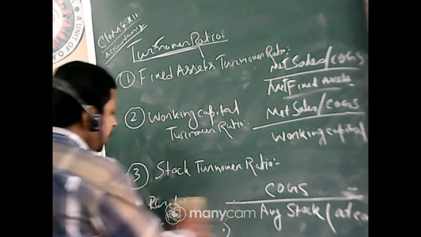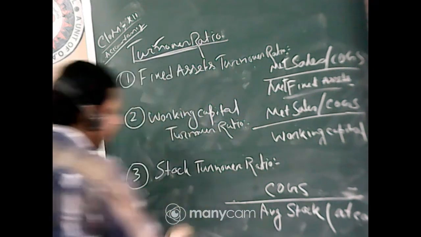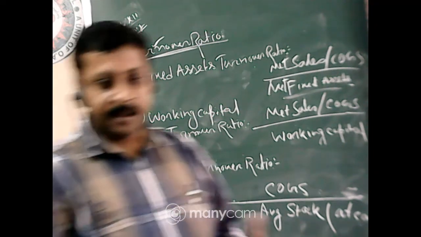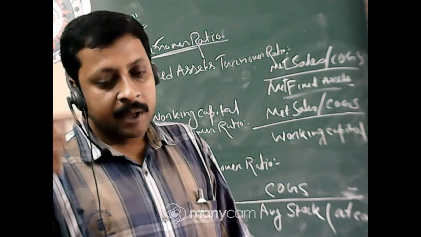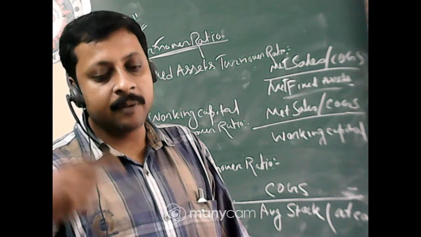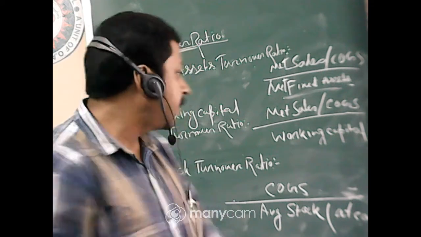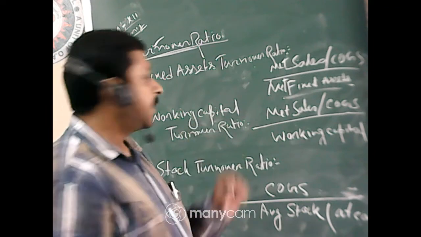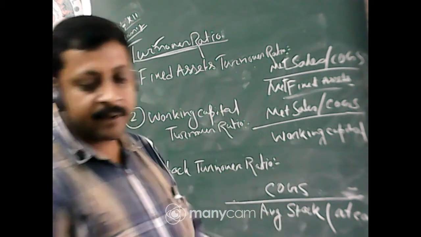I am saying that so this concept will be clear for you. If you do not remember the formula, you can easily understand why it comes this way. If the concept is within you, then you can easily understand the ratio formula. With the stock turnover ratio, why is sales not used?